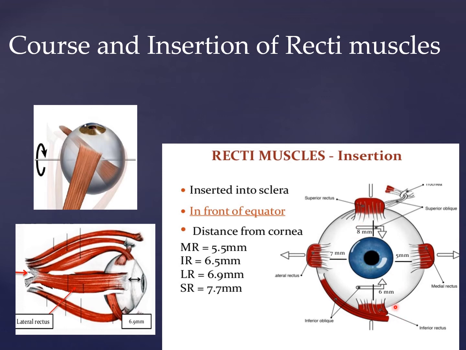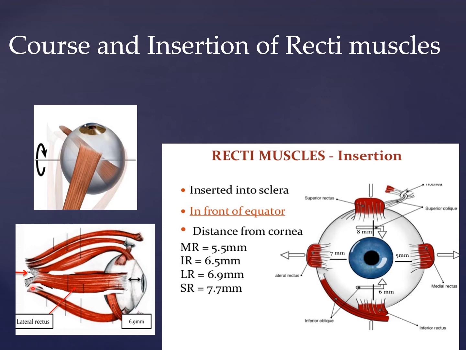Now the two vertical recti, superior and inferior. Superior rectus originates from the superior part of the annulus of Zinn and it courses anteriorly. This is the annulus of Zinn. Here is the superior rectus. It is coming anteriorly and laterally and upward over the globe. And it inserts into the sclera anterior to the equator, 7.7 millimeter behind the limbus.